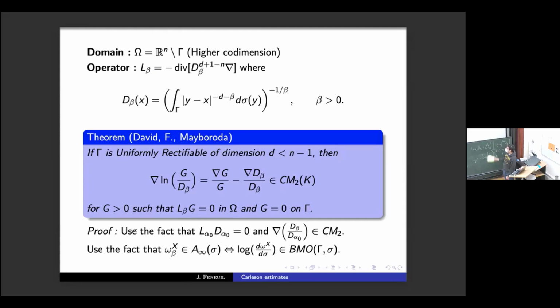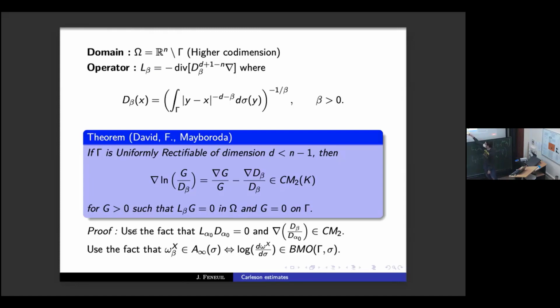For this result, we use the magic alpha, kind of. We use the fact that the operator with beta is just a perturbation of the operator with the magic alpha, and it works pretty smoothly.